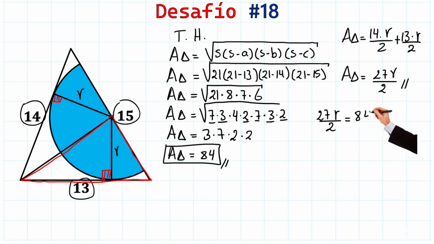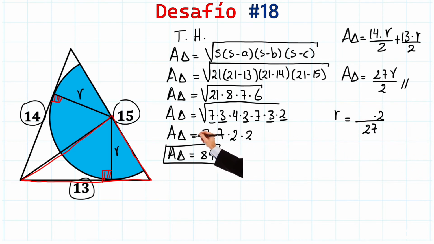Very excellent, right? And here we move this 2 to multiply over here, and we move this 27 to divide over here. And what do we have left? Can we simplify here? Well, yes, we can, right? The 84, remember it came from 3 times 7 times 2 times 2, which is 3 times 7 times 4. So we can write it like that, 3 times 7 times 4. And there was a 2 here, right?